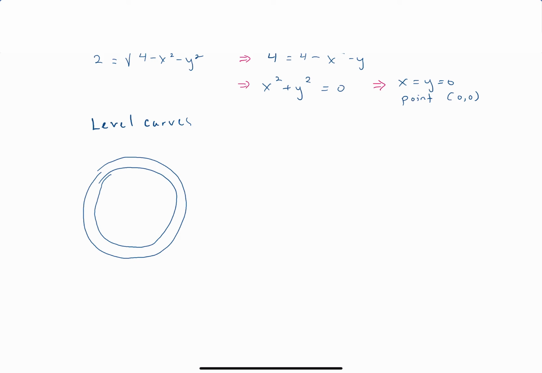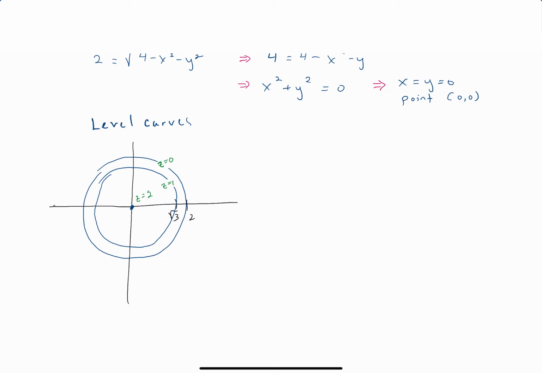That looks like the center. Okay, so this is at 2. This is at the square root of 3, which we said was approximately 1.7. And then, so that's our curves for z equals 0, z equals 1. And then for z equals 2, we have just that single point in the center.